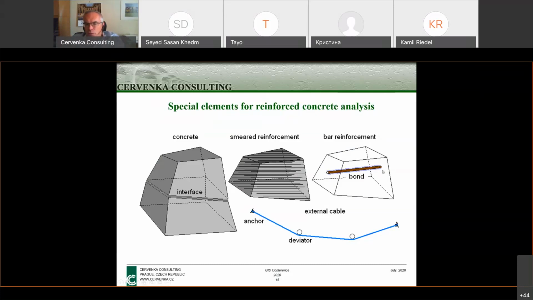That means each bar is modeled separately. In that case, we have a separate model of the solid elements, which in this case is a 3D element, and then we have reinforcement passing through these elements. So in ATENA, this is defined totally separately.